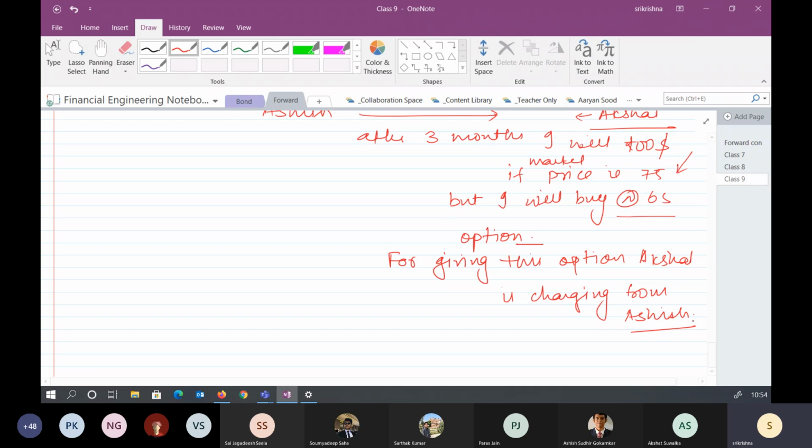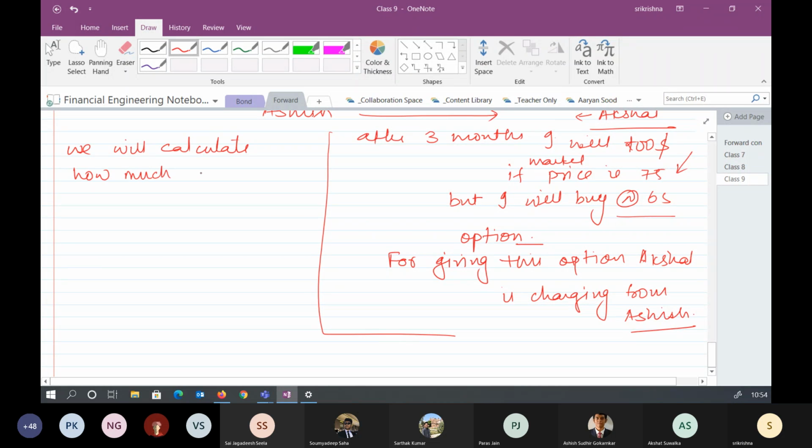And in the binomial model and in the Black-Scholes model, we try to find out what the option price should be. So in tomorrow's class, with the same scenario, we will calculate how much Akshat should charge. Is it okay?